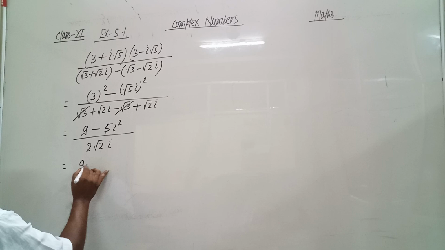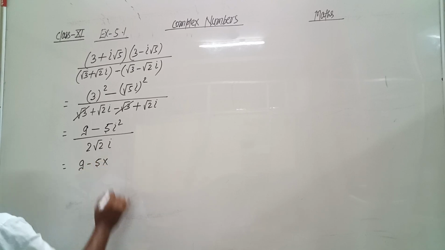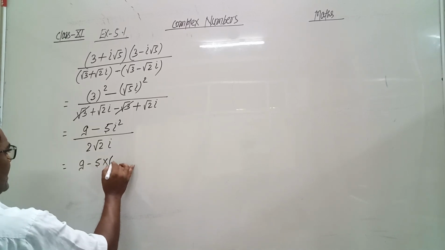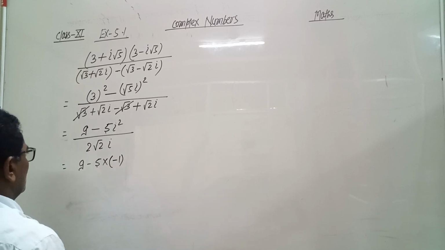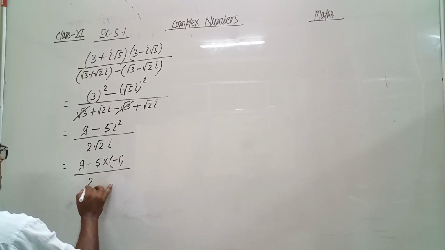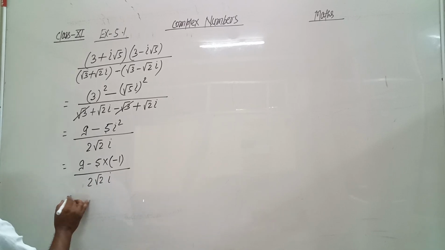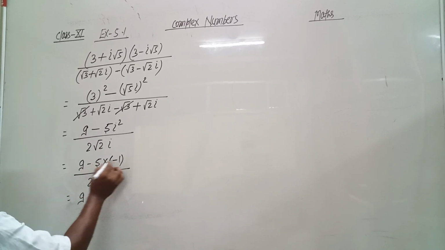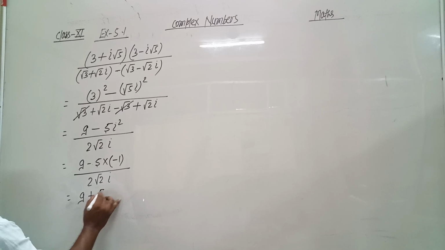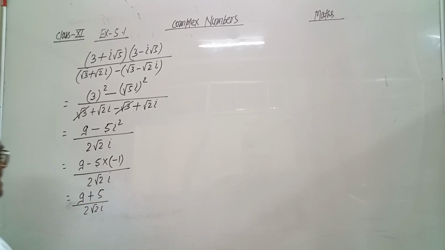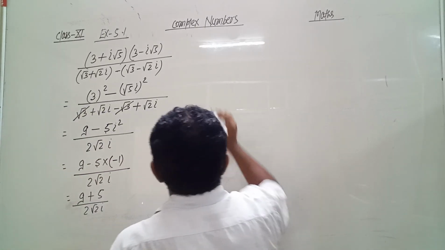So 9 minus 5 into the value of iota square, which is minus 1, so 9 minus 5 into minus 1 upon 2 root 2 iota. Now it gives 9 plus 5 upon 2 root 2 iota, and 9 plus 5 is 14.